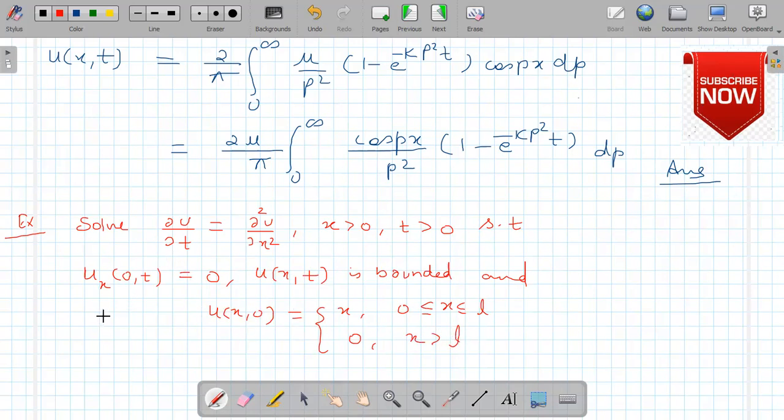So we are given u_x at 0 comma t, which means del u by del x at 0 comma t is 0. So we are given the derivative condition. So we apply Fourier cosine transform over this.